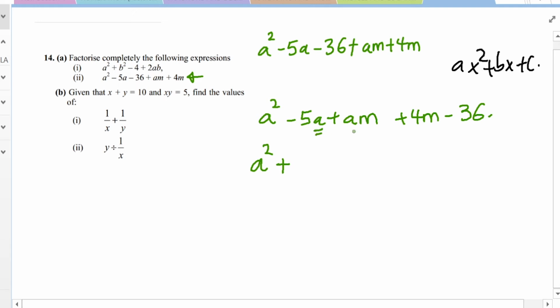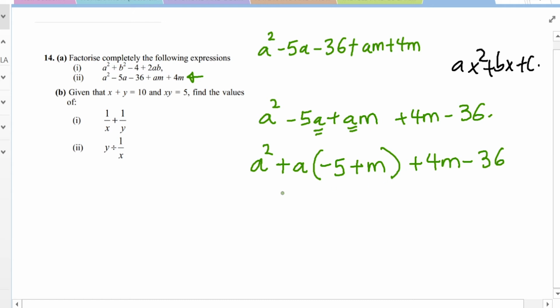The common factor here being a, let me put a outside the brackets: negative 5a divided by a gives us negative 5, am divided by a gives us plus m, plus 4m minus 36.